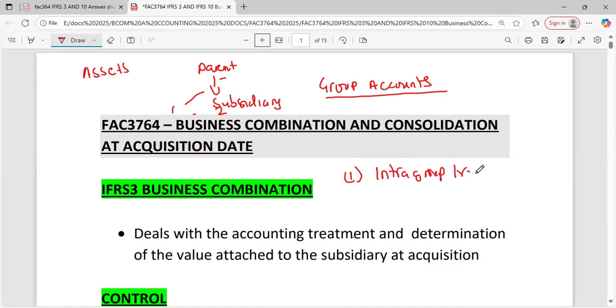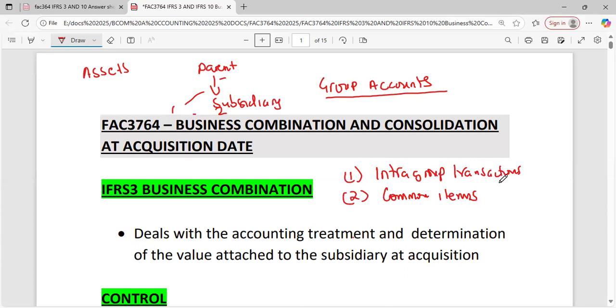We have to eliminate intra-group transactions. We have to eliminate common items. So these are the consolidation rules that we have to follow before we combine the assets and the liabilities.